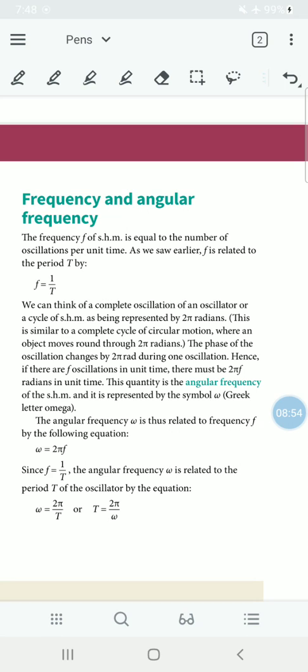Leave a line and write. Because f equals 1 upon T, we can substitute 1 upon T into the equation of angular frequency as follows.